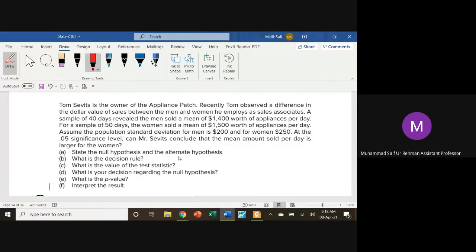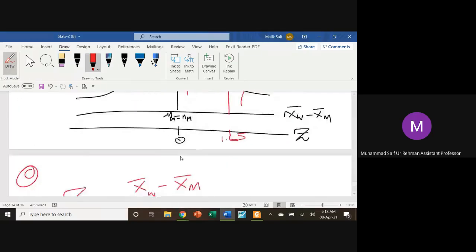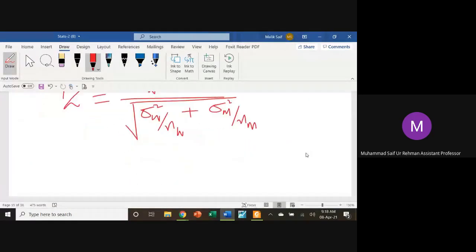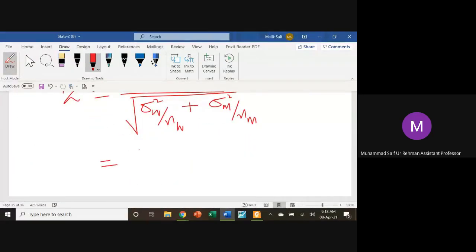So write down 1500 minus 1400, divided by sigma w square.